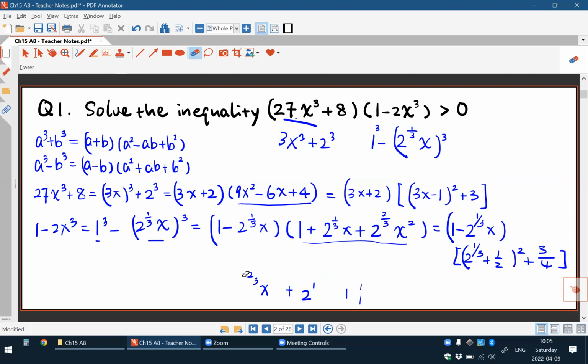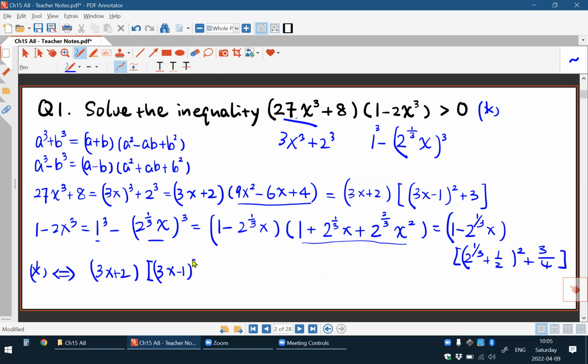Okay. And then the original expression is equivalent to 3x plus 2 times 3x minus 1 squared plus 3, then times 1 minus 2 to the 1/3 x. Let's just copy that.